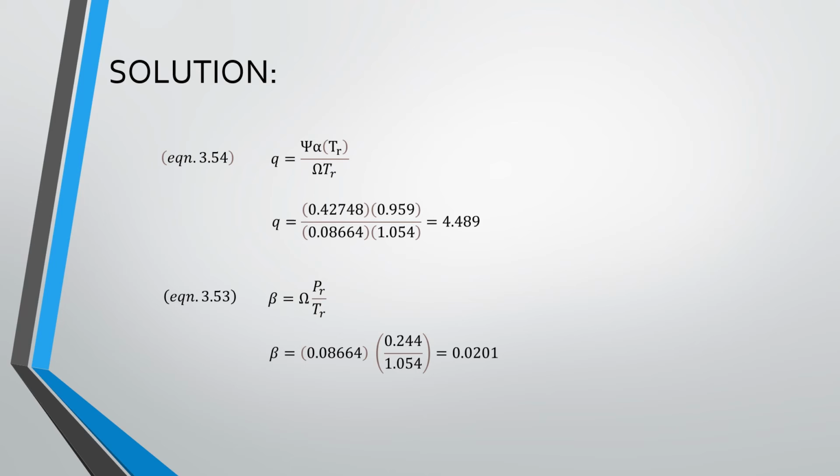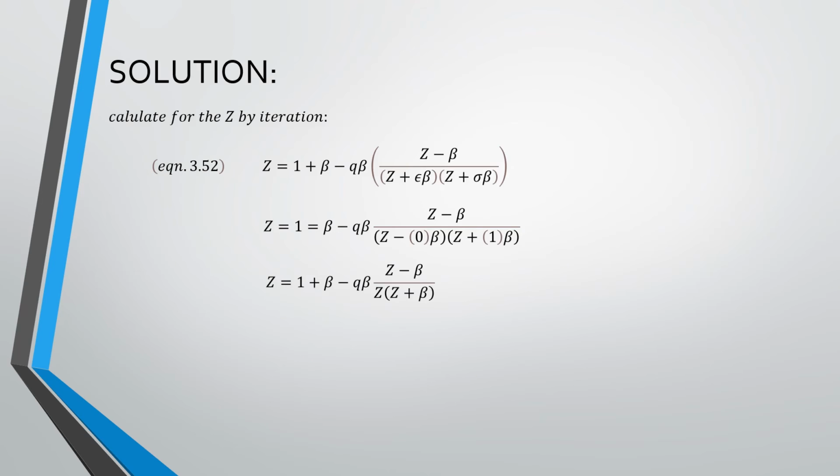The equations are given by equation 3.54 and equation 3.53. Substituting the values, we get a Q equal to 4.489 and beta equal to 0.0201.